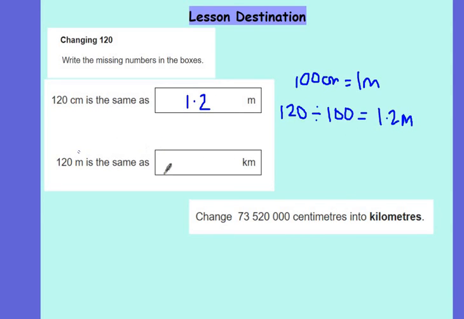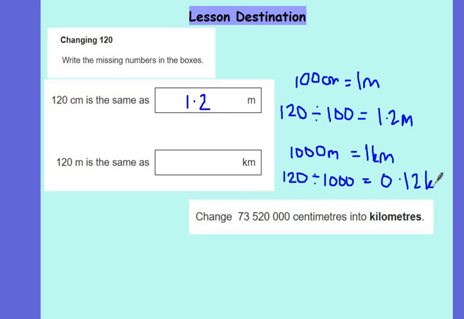Next up, I've got 120 metres is the same as how many kilometres? We know there's 1,000 metres in 1 kilometre. So we need to divide 120 by 1,000 to convert it into kilometres, which gives me 0.12 kilometres.